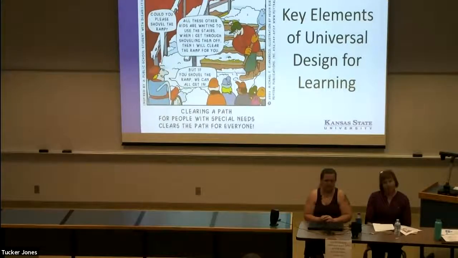When I get through shoveling them off, then I will clear the ramp for you." The child in the wheelchair says, "But if you shovel the ramp, we can all get in." By providing the description of this image, now Caitlin knows exactly what the screen shows, and anyone in the back who can't read the small print also can understand the image and the context.